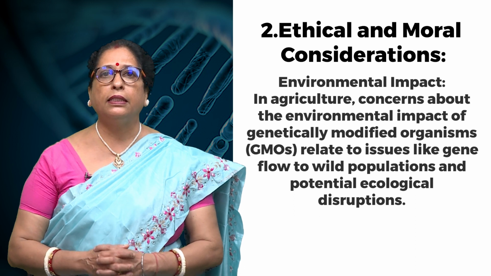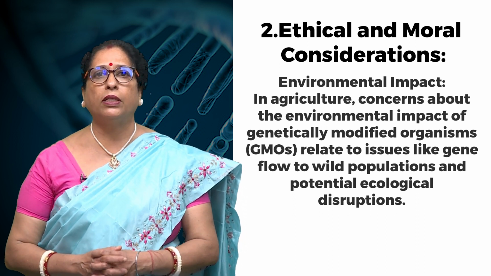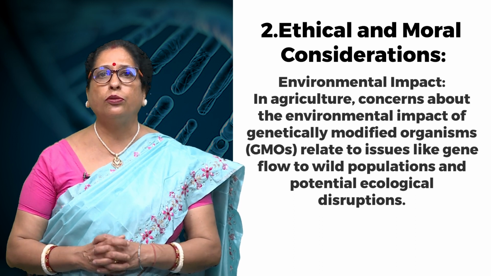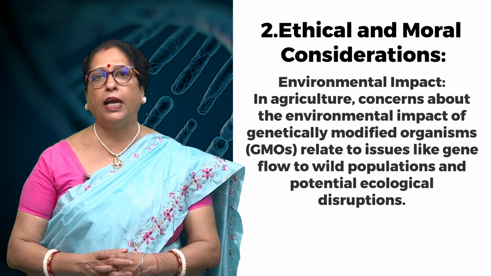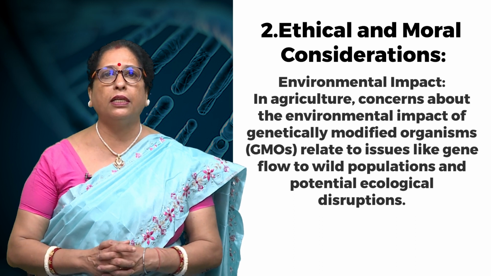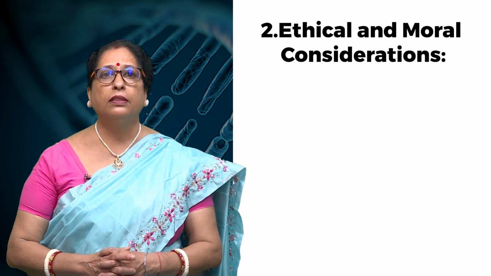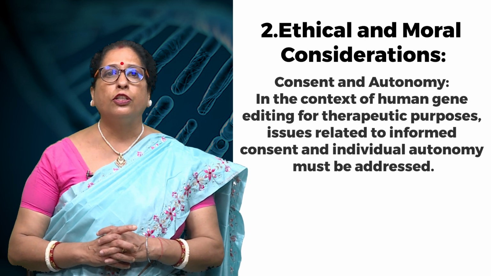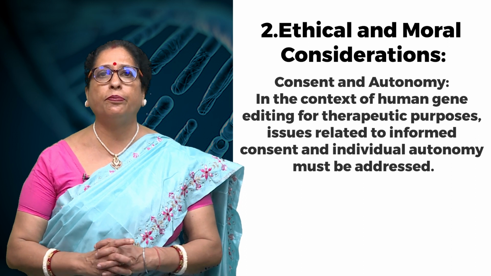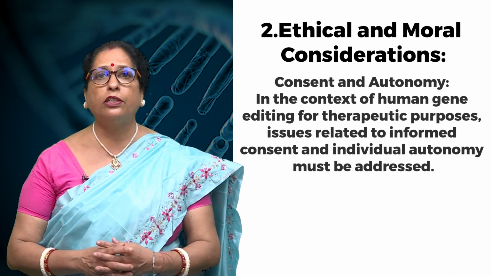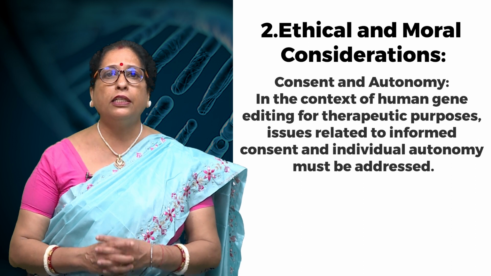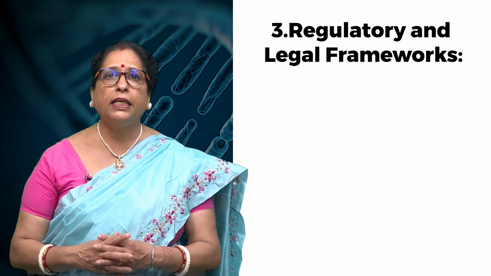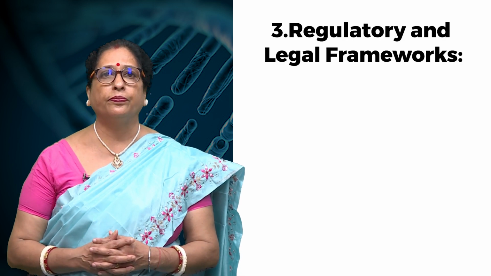Environmental impact: in agriculture, concerns about the environmental impact of genetically modified organisms relate to issues like gene flow in wild populations and potential ecological disruption. Consent and autonomy: in human gene editing for therapeutic purposes, issues related to informed consent and individual autonomy must be addressed.